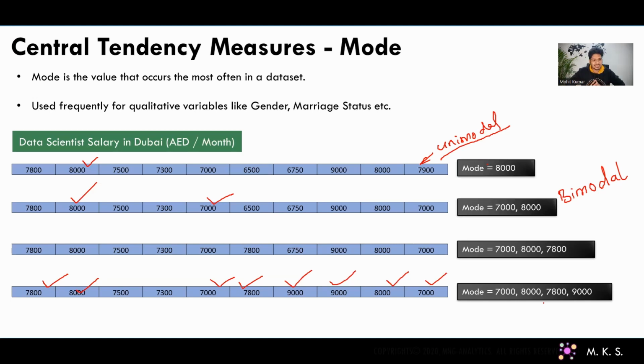Okay, so I hope these 3 central tendency measures are clear. Thanks for watching till the end. I hope you understood the concept of descriptive statistics and the different types of descriptive statistical measures we have in statistics. In this video, we talked about one type of descriptive statistics, that is central tendency measures, right?